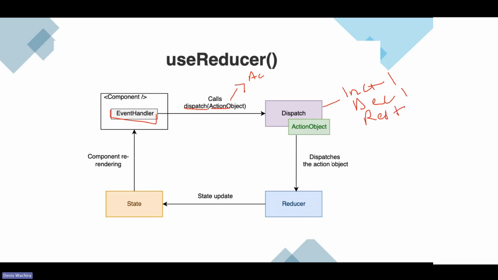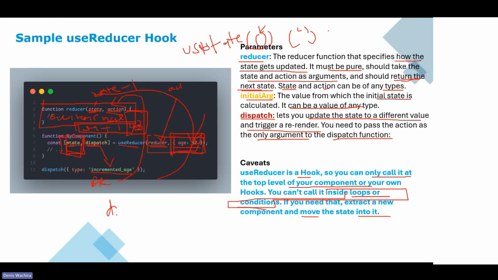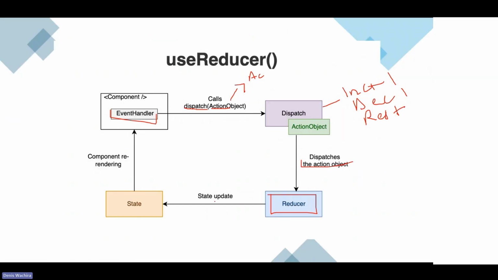Once it dispatches that action, it calls the reducer. The reducer is the function that specifies how the state gets updated. Once that is done, the reducer sets the new state.